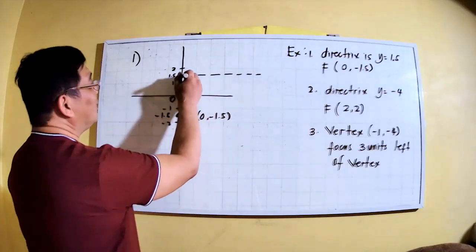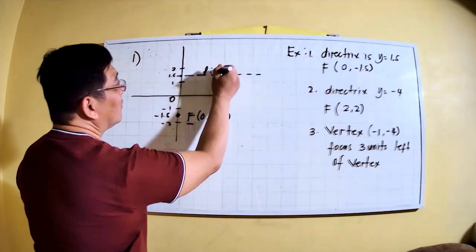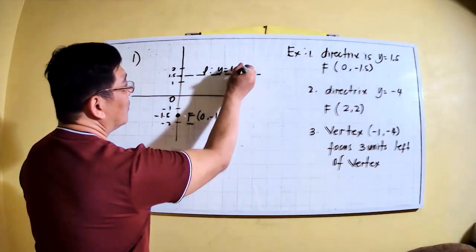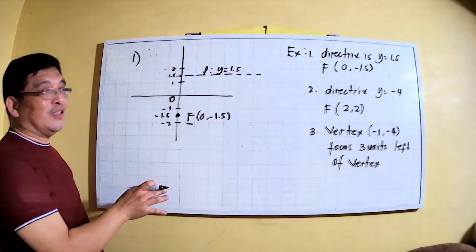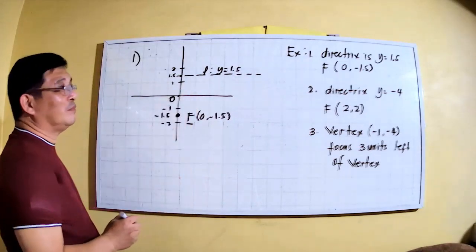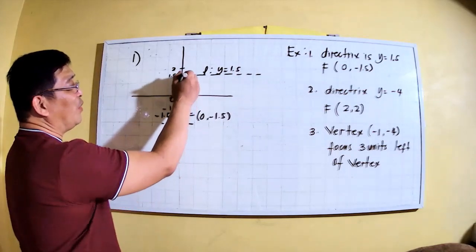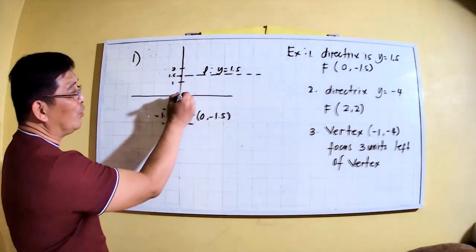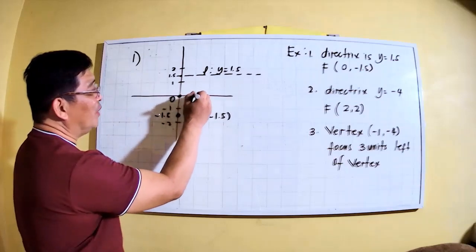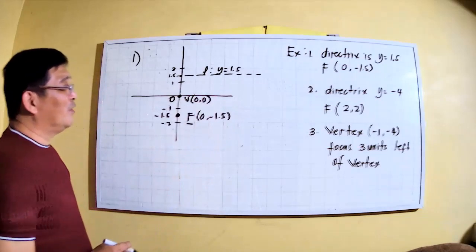Kung ito yung focus, ito yung directrix. Between the directrix and the focus is the vertex. So, somewhere here, nandito yung vertex. Gitna ng 3, kasi 1.5 ito, 1.5 yun. Yung gitna nun, yung vertex is at (0, 0).